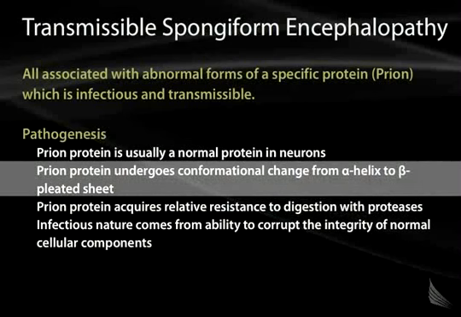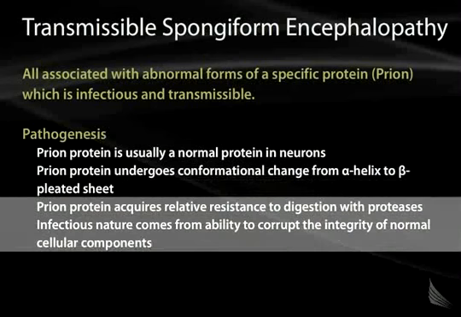The prion protein undergoes a conformational change from alpha helix to beta sheet when this infection is occurring. The prion protein acquires relative resistance to digestion with proteases when it is in the beta pleated sheet form. So, if the body is exposed to the beta pleated sheet form, then its own good alpha helix form prions will become indigestible by proteases and will start to accumulate.